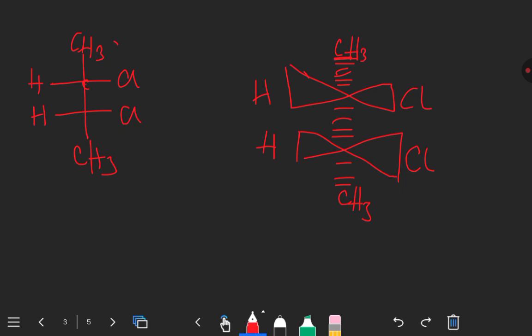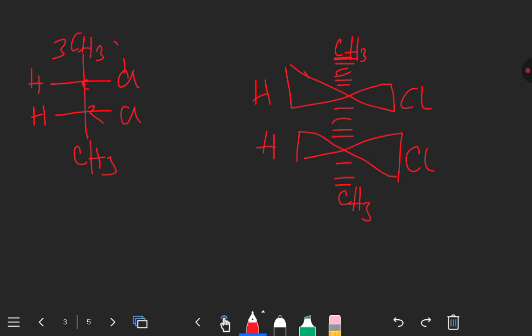By atomic mass, the highest is chlorine, so we assign 1 to chlorine, then 2 to this group here, considering the entire group as such, then 3 is a methyl, then 4 is that group there.